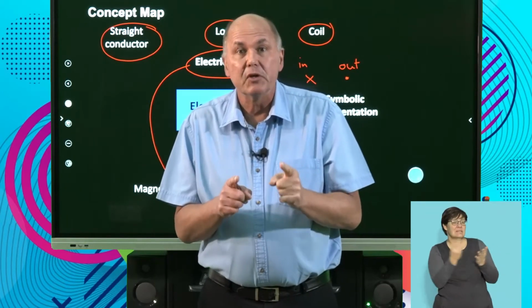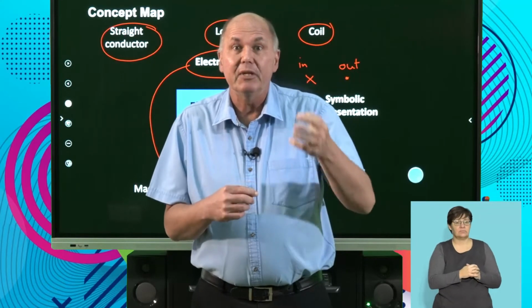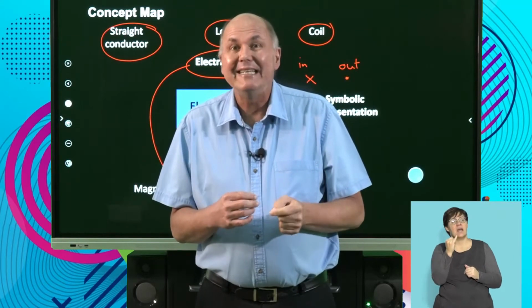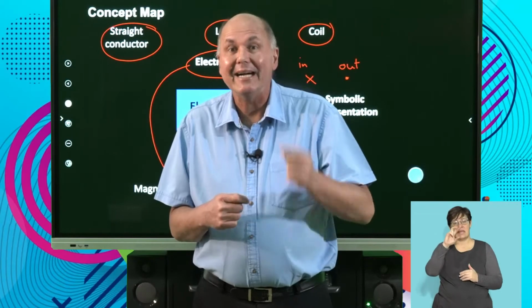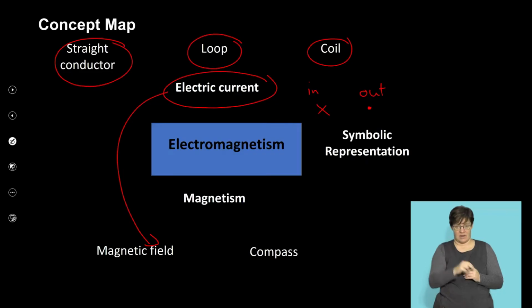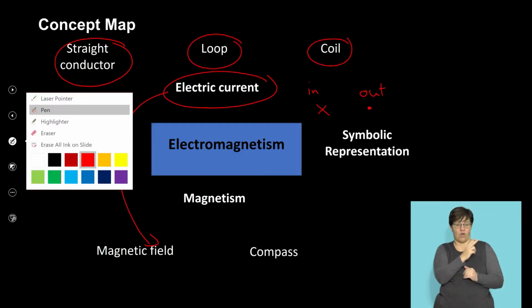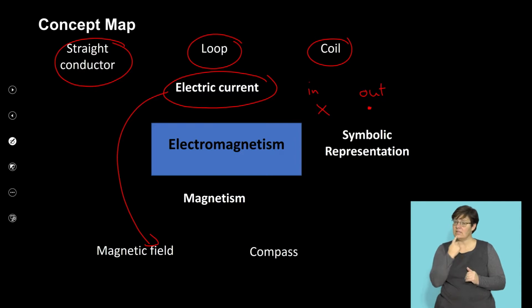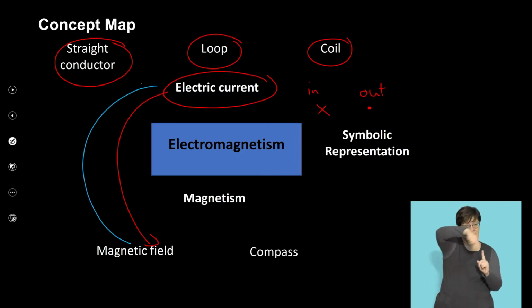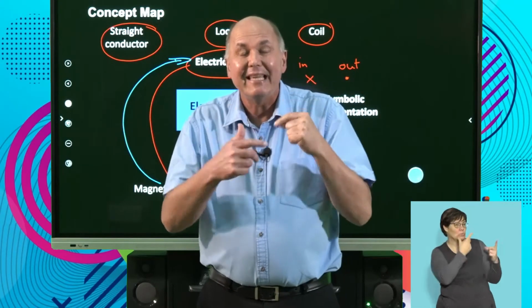Remember, we also dealt, when we were dealing with electromagnetism, with the idea of electromagnetic induction. And in this case, we did the converse. In other words, we said, let's take the magnetic field and let's see if we can produce an electric current. And so in that way, we're doing a similar thinking skill.